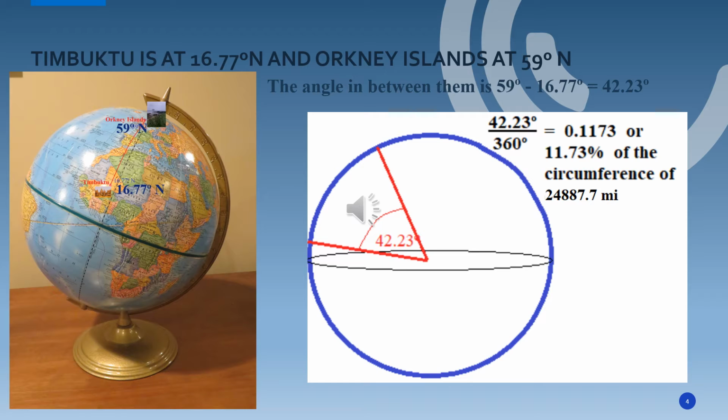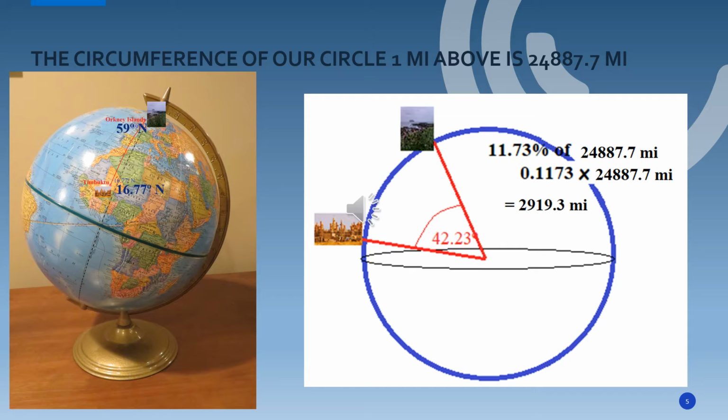We need to travel 11.73% of that distance to get from Timbuktu to the Orkney Islands in our hot air balloon. As mentioned before, the circumference of the Earth is approximately 24,881 miles. So 11.73% of that length will be equivalent to multiplying 0.1173 by 24,881, and that will give us 2,918.54 miles.